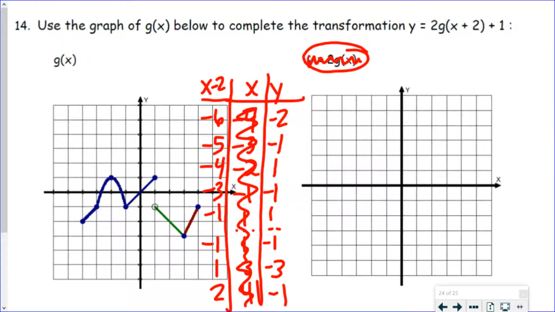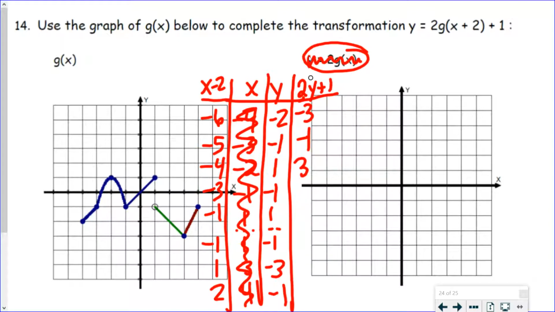For our y values, we have 2 different things going on. First, we're going to multiply, and remember, you always got to go left to right here. First, multiply by 2, then add 1. So negative 2 times 2 is negative 4, plus 1 is negative 3. Negative 1 times 2 is negative 2, plus 1 is negative 1. 1 times 2 is 2, plus 1 is 3.